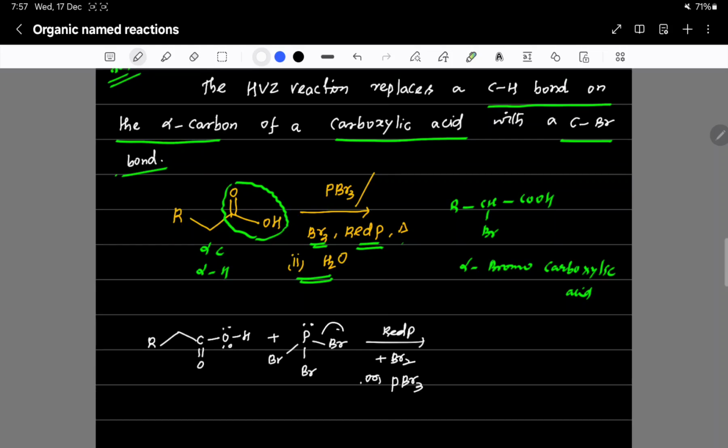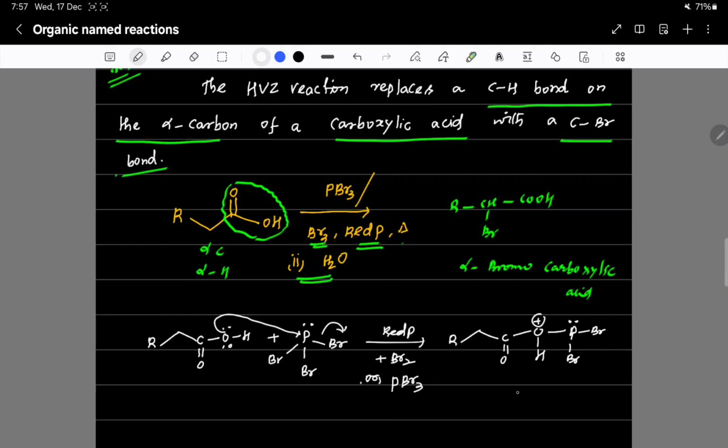Now it leaves as Br minus, and the oxygen lone pair attacks the phosphorus atom. Then it forms a product like this, with a C double bond O, followed by protonation, right?